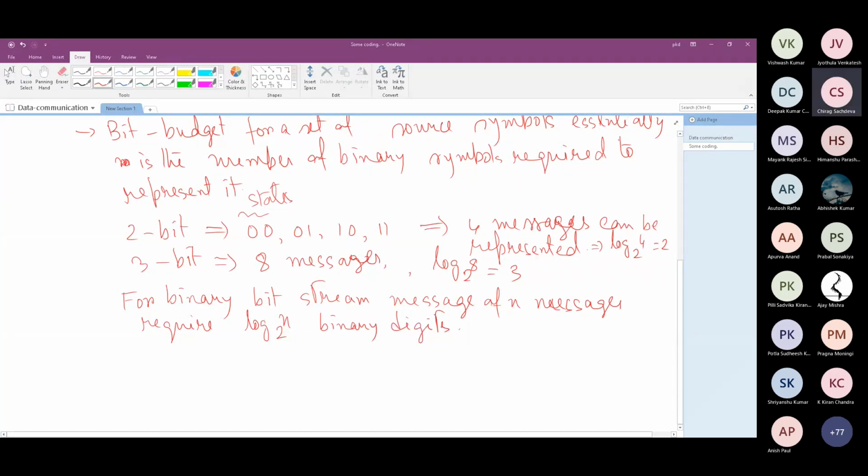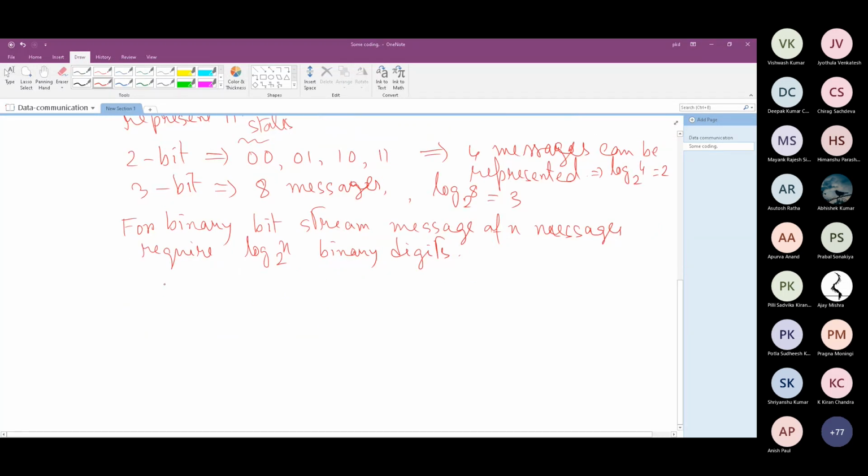Therefore, if we want more messages, our bit budget is more. If there is some kind of redundancy between the messages, we can reduce the bit budget corresponding to the number of messages.